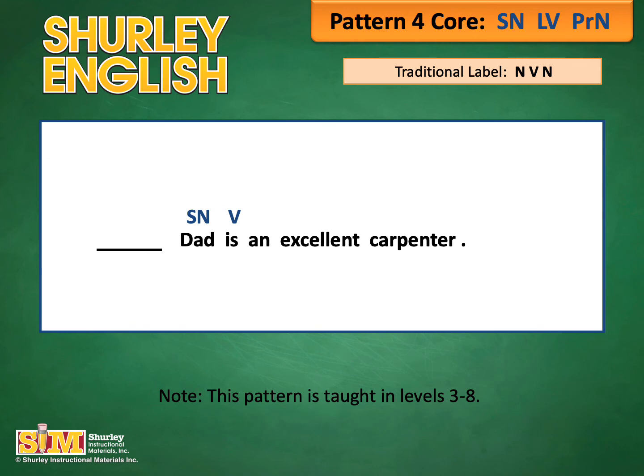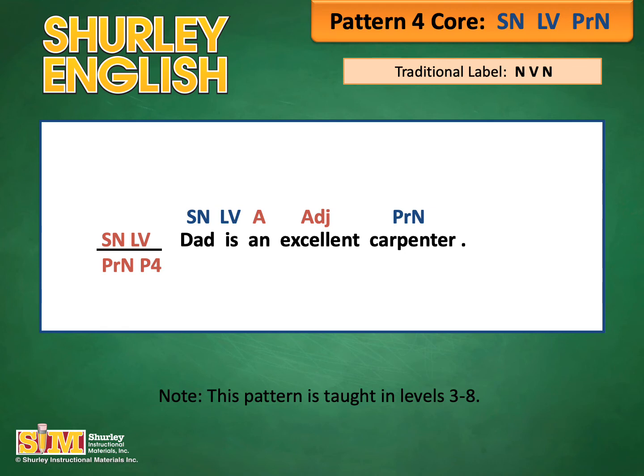Verify the noun. Does carpenter mean the same thing as dad? Yes. Carpenter. Predicate noun. Is. Linking verb. What kind of carpenter? Excellent. Adjective. An. Article adjective. Subject noun, linking verb, predicate noun, pattern 4 skill check.